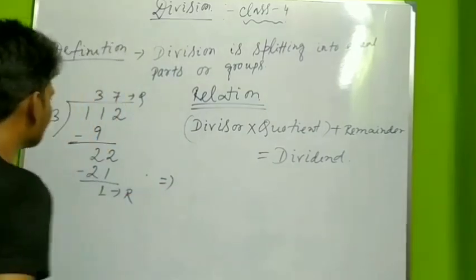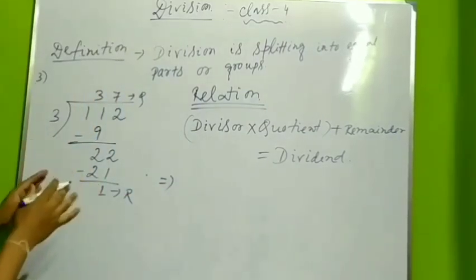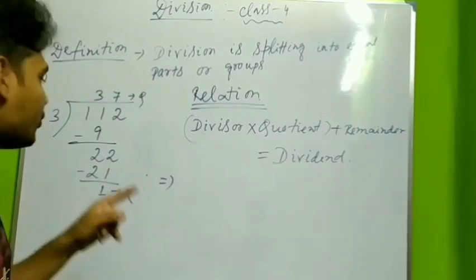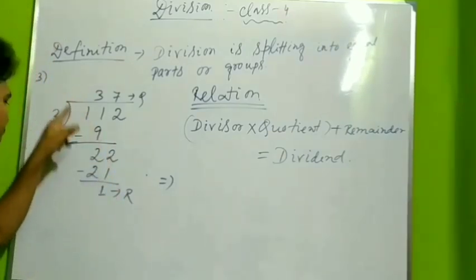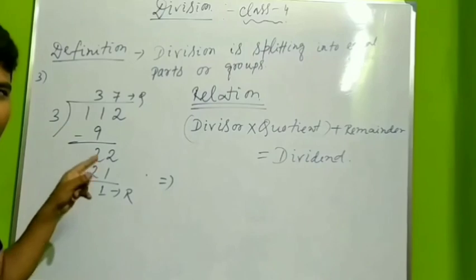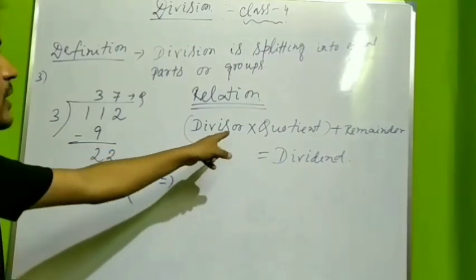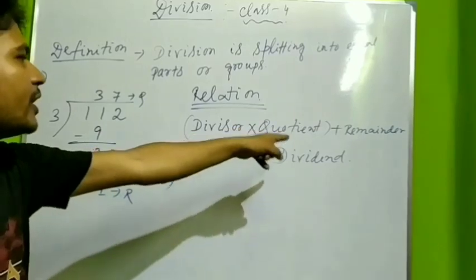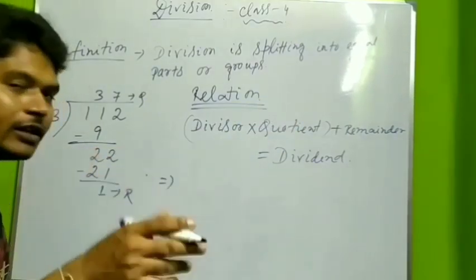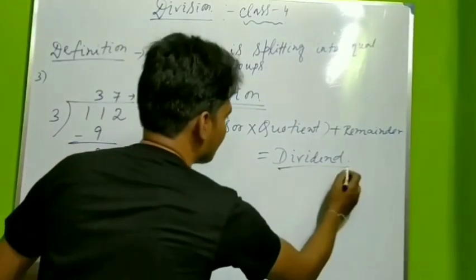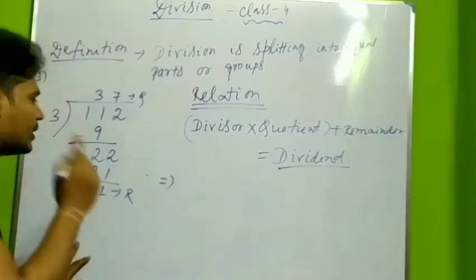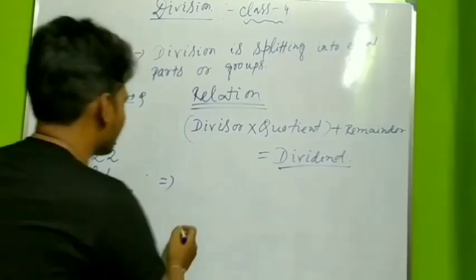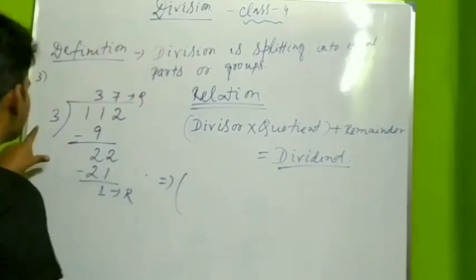Just take this example. You have to check whether this division is correct or not. If we want to check whether our division is correct, then you have to apply this relation. You have to multiply the divisor by the quotient, then you add the remainder. If at last we get the dividend, then we can say that our division is correct, otherwise not. Here the divisor is 3.